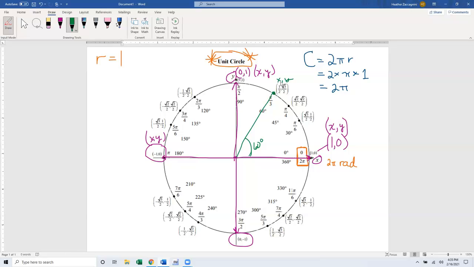Well, the x is referring to how far we traveled in the x direction. So if I drop this straight down here, this from the center to here is 1/2. That's x. y is the square root of 3 over 2. Well, that's in the y direction.